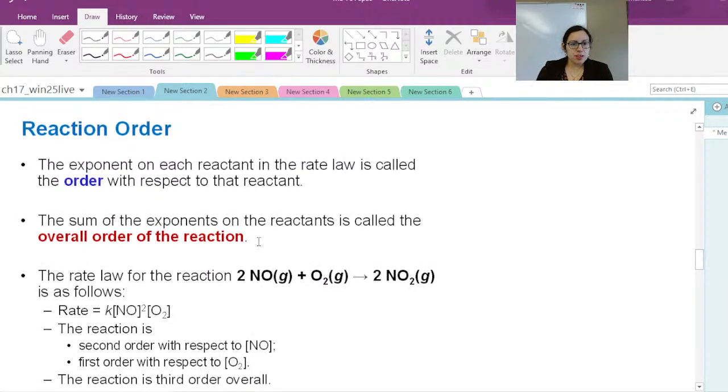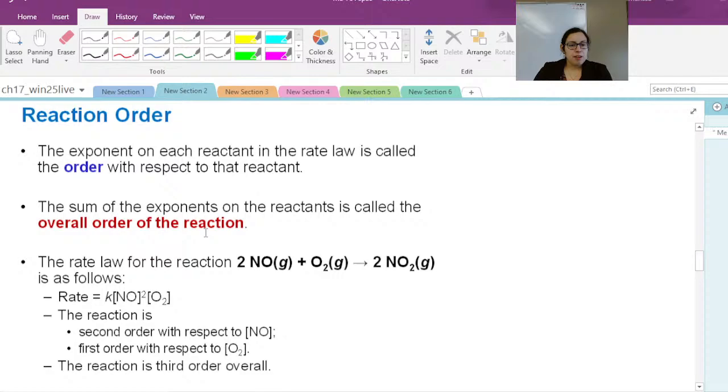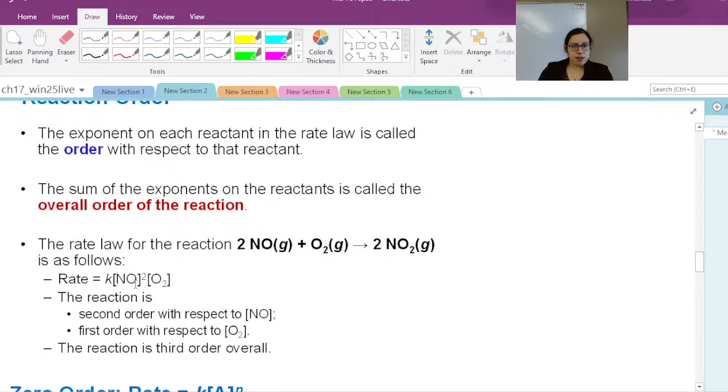Now this is just showing us how to read this conclusion here. We're given our reaction: 2 equivalents of NO plus 1 equivalent of oxygen gives 2 equivalents of nitrogen dioxide. And then we're just given the rate. So you have to be given this. You can't just magically know it.